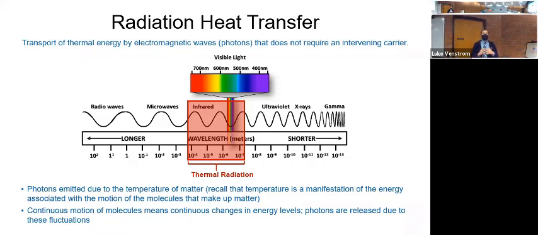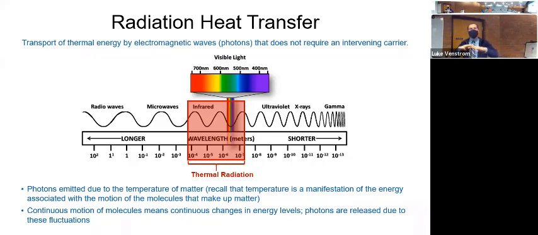Now, because of the nature of matter and the nature of the energy states of electrons, when we say thermal radiation, what we really mean is the photons that are emitted because of this temperature effect. It's a natural process. It's just always happening.